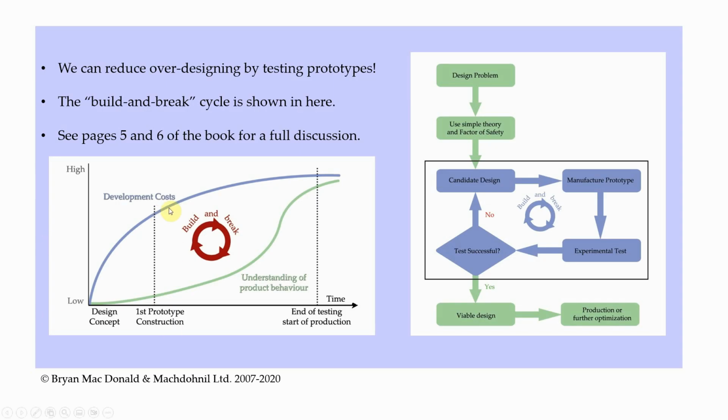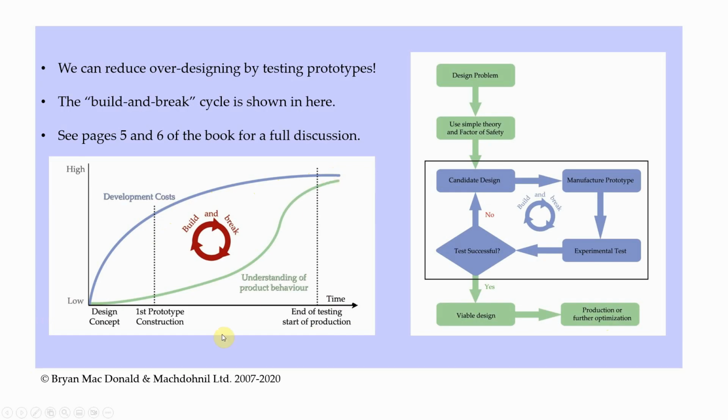We need to pay people to test the prototypes, operate test machines, gather the results, and so on. We need to pay for the electricity to run those machines. We may pay for materials and so on. So our costs rise and rise until we get to the end of the testing process and near production. When we finally have a viable design and we can go to production, our costs have risen quite significantly.